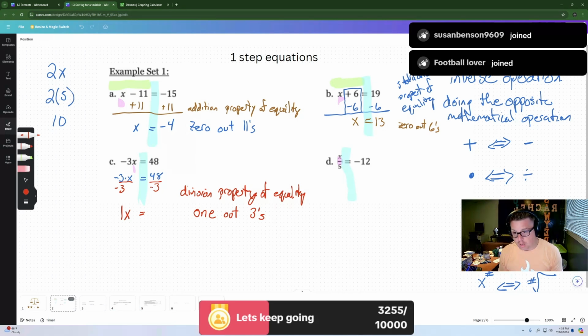Because we want to get a 1 by itself, not a -1. -1, we still got work to do. But if we get a +1, we're good. And we can sort of stop there. We'll talk about that in a second. But we want to get 1x. We want to get 1x by itself, and then we can be done once we do a very simple step.